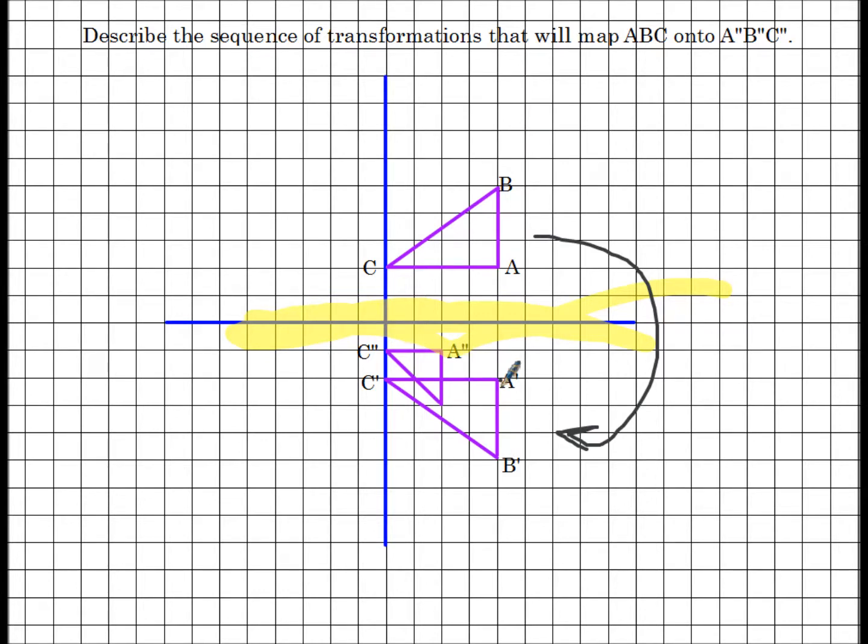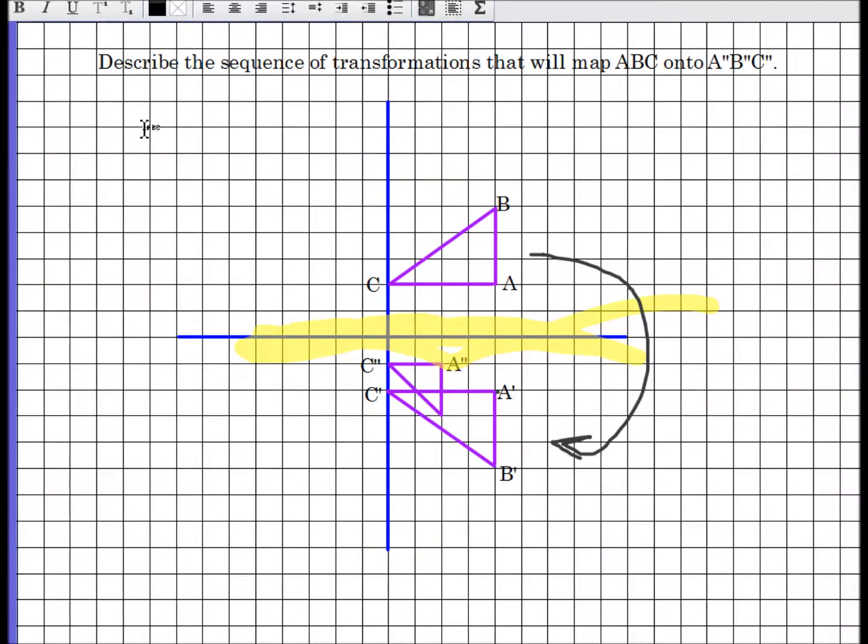Well, take a minute and think about it. What happened in this dilation? Remember that scale factor is equal to the dilated figure over the original. So scale factor equals dilated over the original.